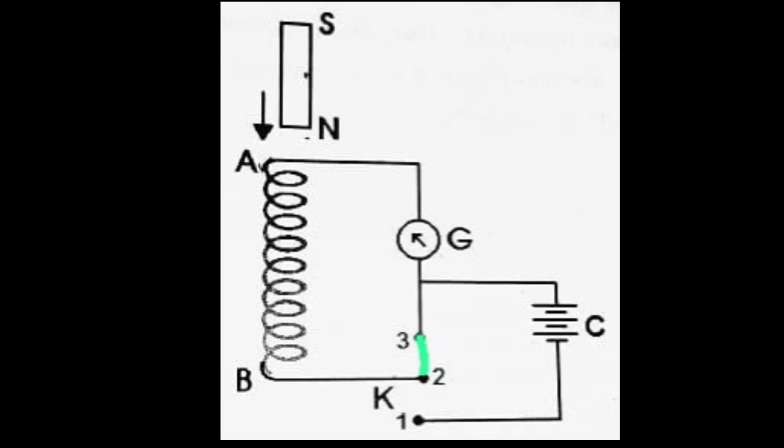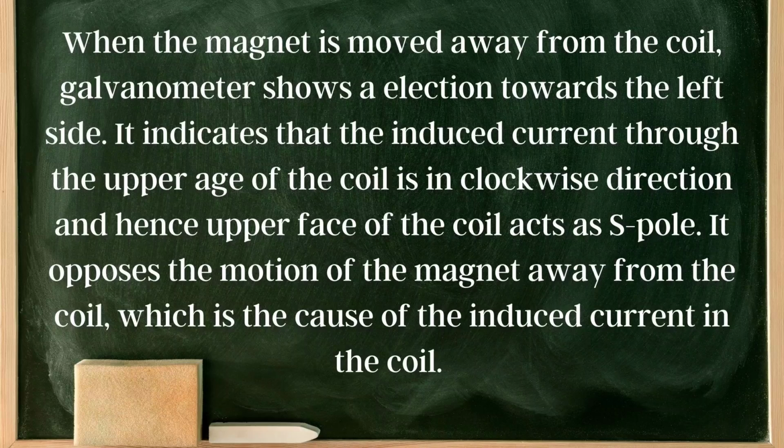You see that the galvanometer shows a deflection towards the right side. It indicates that the induced current through the upper face of the coil is in a clockwise direction, and hence the upper face of the coil acts as a north pole. It opposes the motion of the magnet towards the coil, which is the cause of the induced current in the coil.